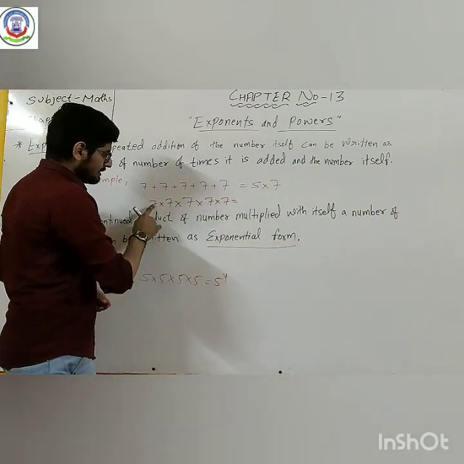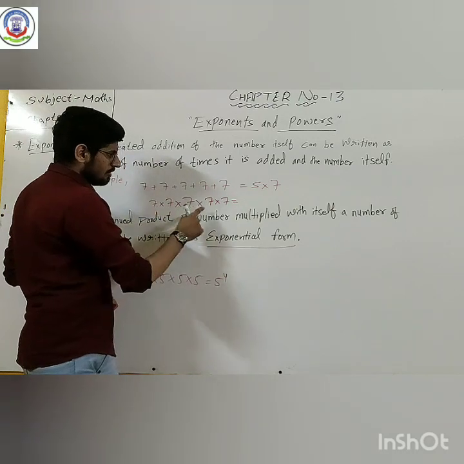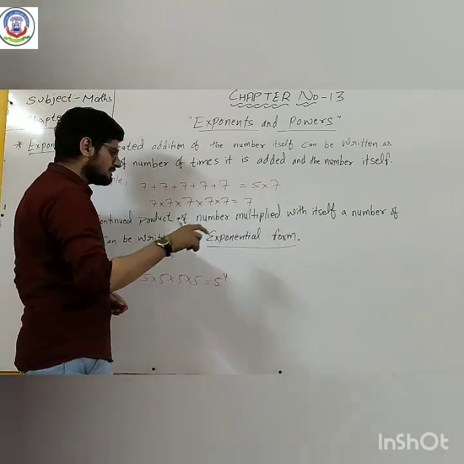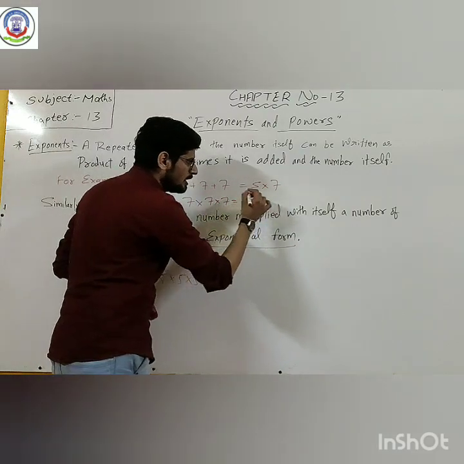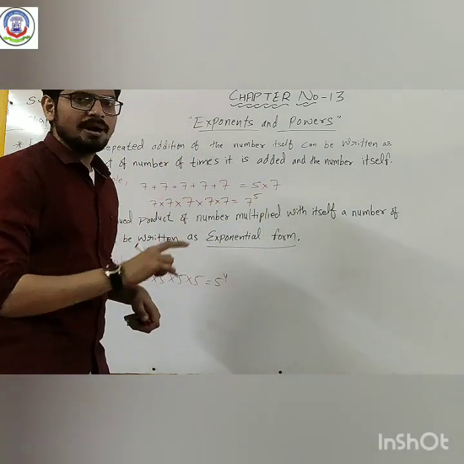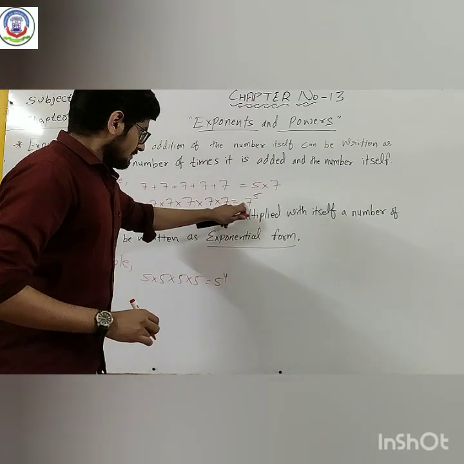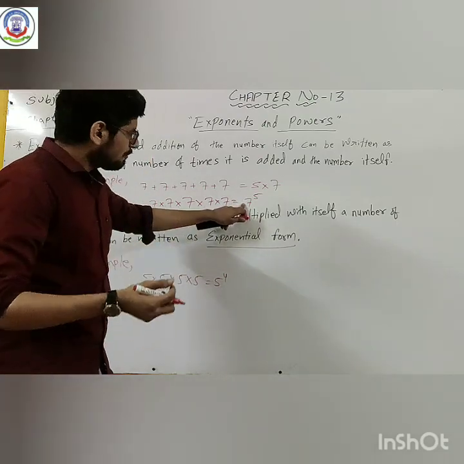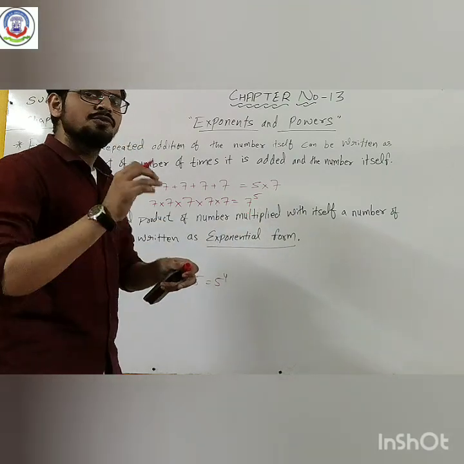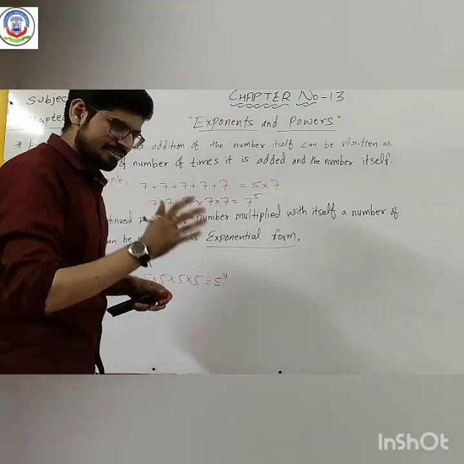How can we write? Which number is this? 7, and how many times is it? 1, 2, 3, 4, 5. So 7 raised to the power 5. How can it be pronounced? 7 raised to the power 5, or we can say fifth power of 7.